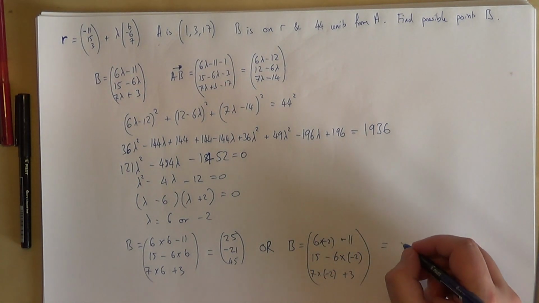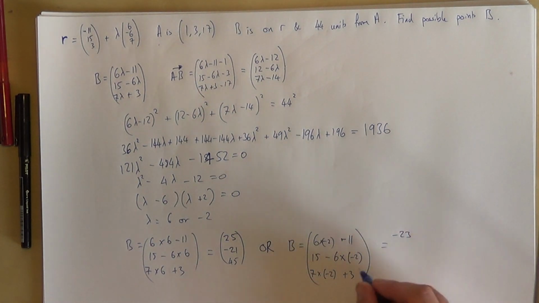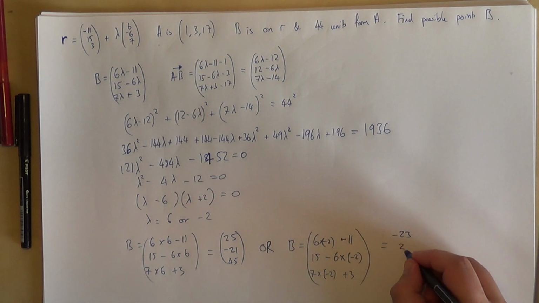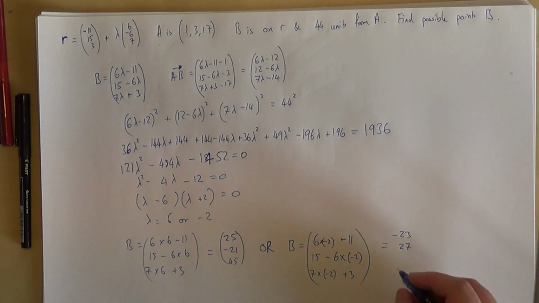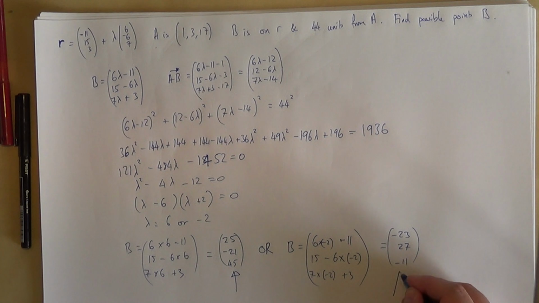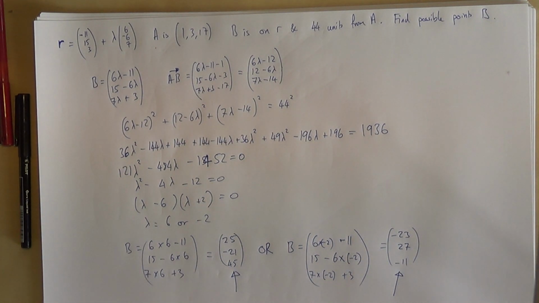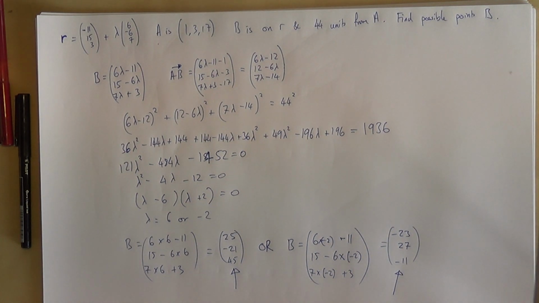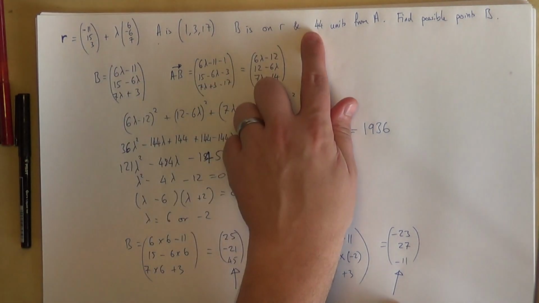Negative 12 take 11 is negative 23. 15 plus 12 is 27, and negative 14 plus 3 is negative 11. So those 2 points, those 2 vector-form coordinates, are the locations B could be such that it sits on that line and is that far from that point.